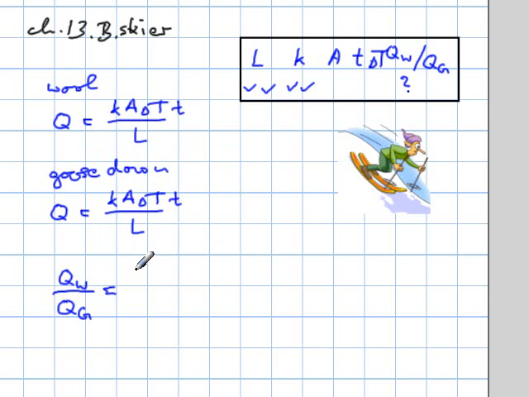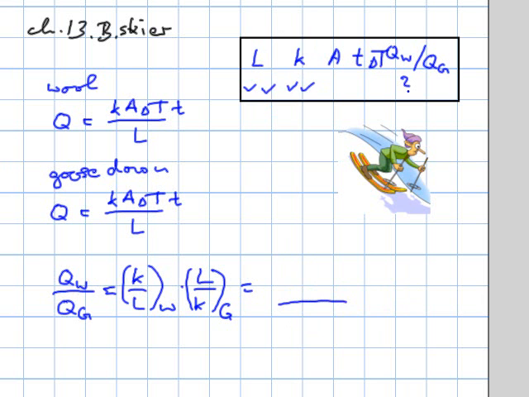So here I would have K over L for the wool times L over K for the goose, and of course that's the reciprocal because we're dividing by the goose down numbers, and then equals, and then as shown here all of these are given and we come up with a ratio with no units.